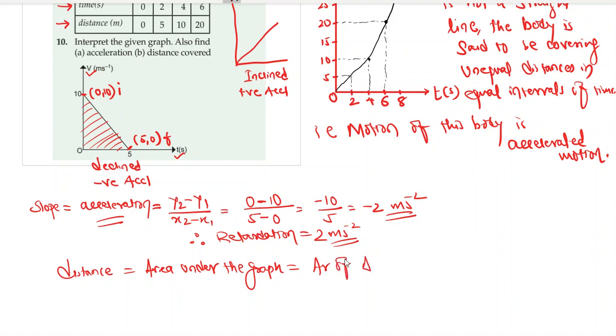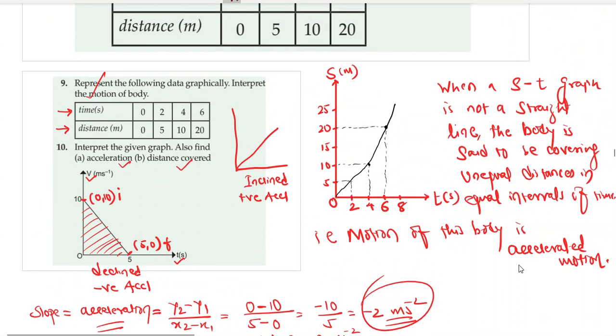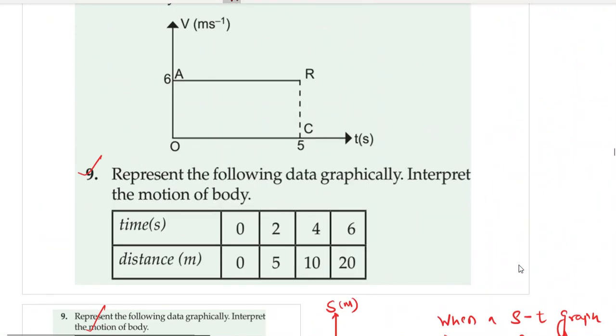We can name this triangle whatever, ABC, PQR, that is half into base into height, which is half into base is 5 and height is 10, that is 25 meter. 25 meter is the distance, that is area under the graph. Right, so we found both acceleration as well as distance. Acceleration is minus 2 meter per second square and distance is 25 meter. So these two doubts are also solved.